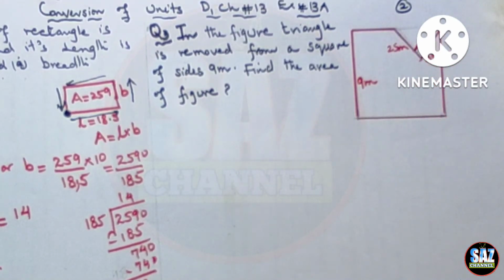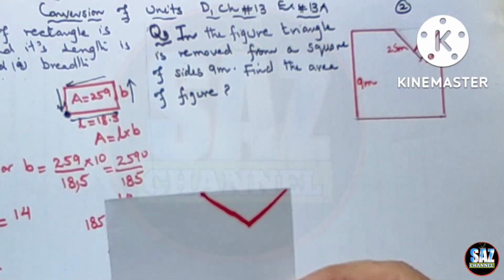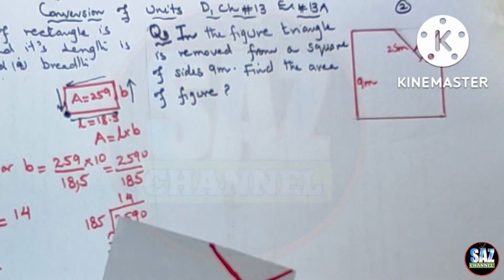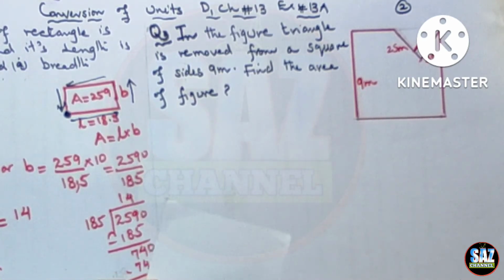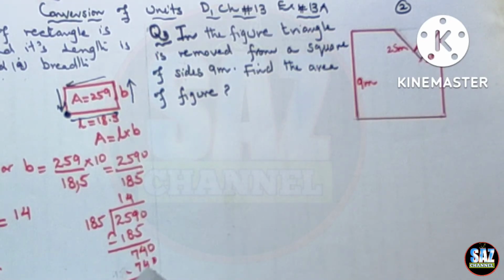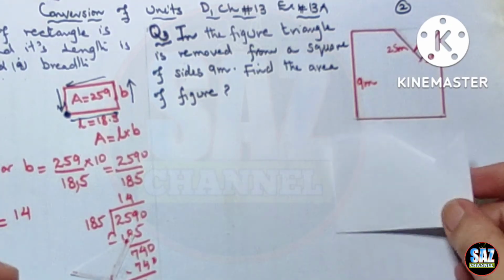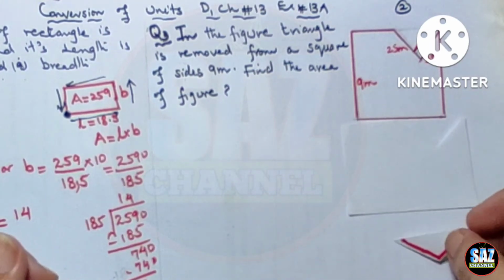You can take the idea that I have a rectangle with me, and if I remove this portion which is in the form of a triangle, I'm cutting like this, and I'm cutting this. Now the original shape will have no more this triangular portion in it.